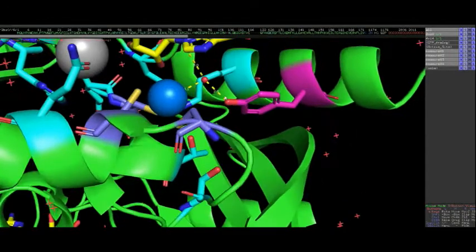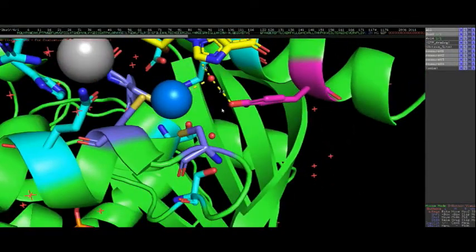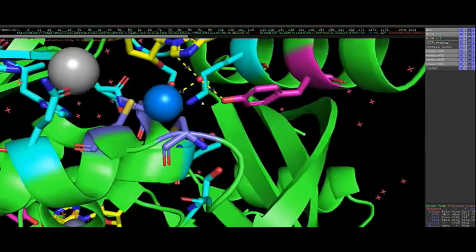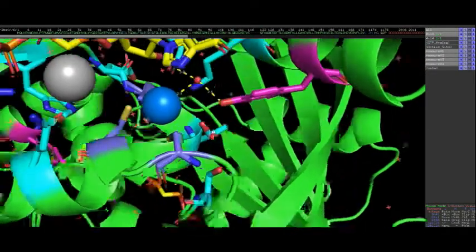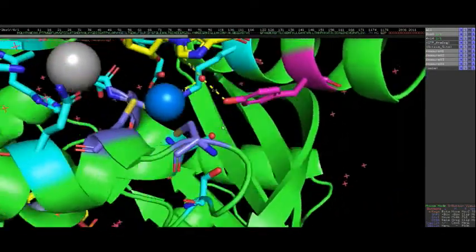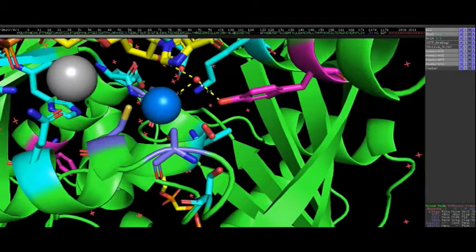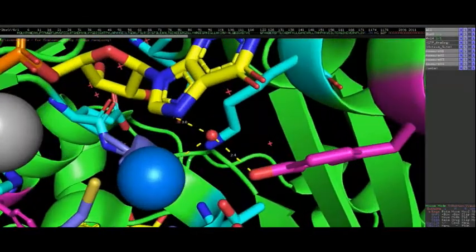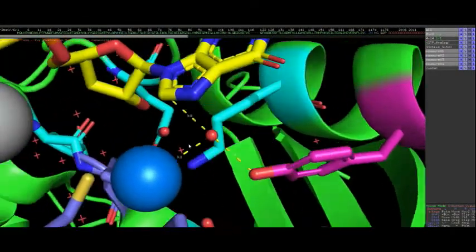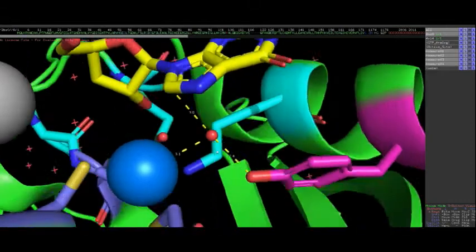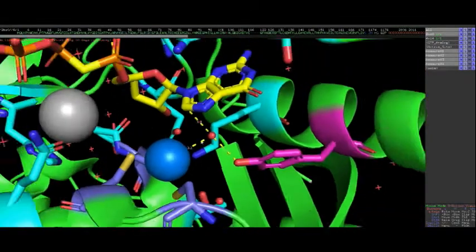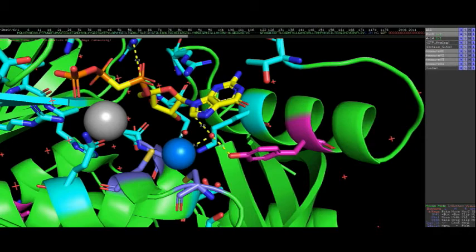It's quite far away from this. I guess in later steps it could be brought closer, but I don't know. It's possible, but this water up here definitely seems to be likely. It's sort of sitting right in the exact spot that it ought to be.